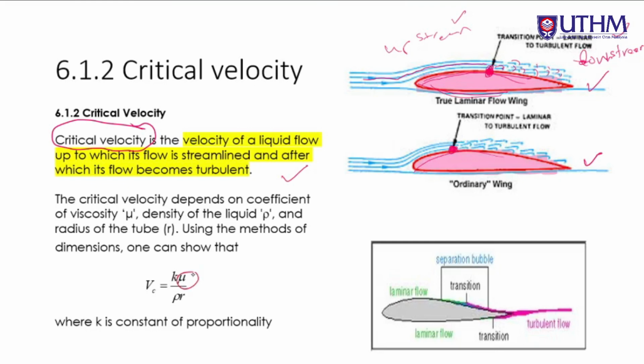This is the mu here, the density, and also the radius of the tube. Okay, so K is actually the constant proportional. Yang ni if let's say kita nak dapatkan the value of critical velocity lah. Okay, this is generalization yang kita boleh buat lah.